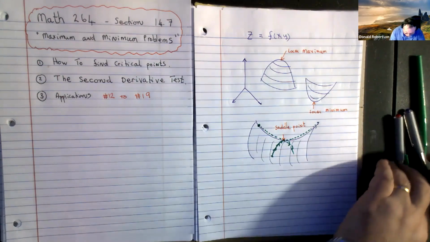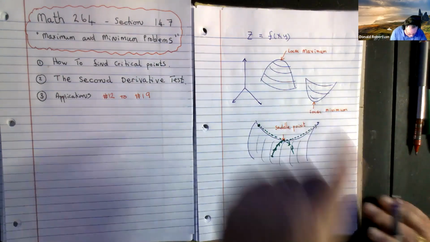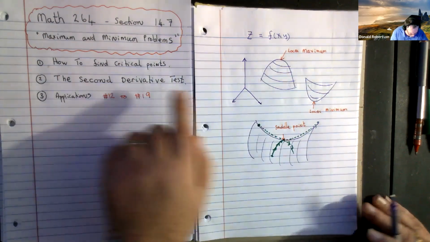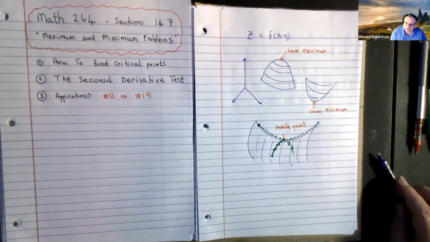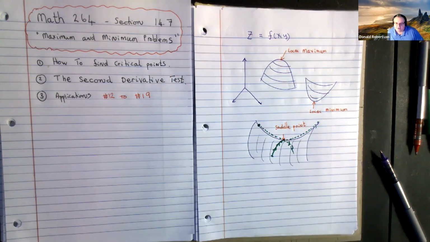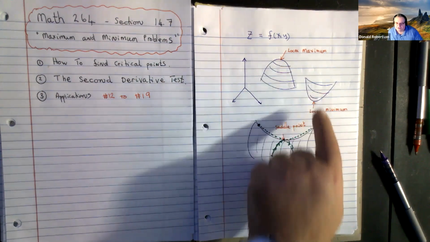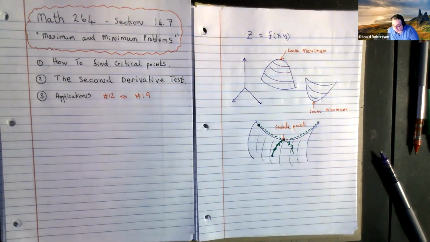And our quest is to find where these things are, and we call the points where these happen critical points. And then we have to find out, once we find the critical points for a function, which one of these three situations happens. And it will have to be one of those three situations, typically.